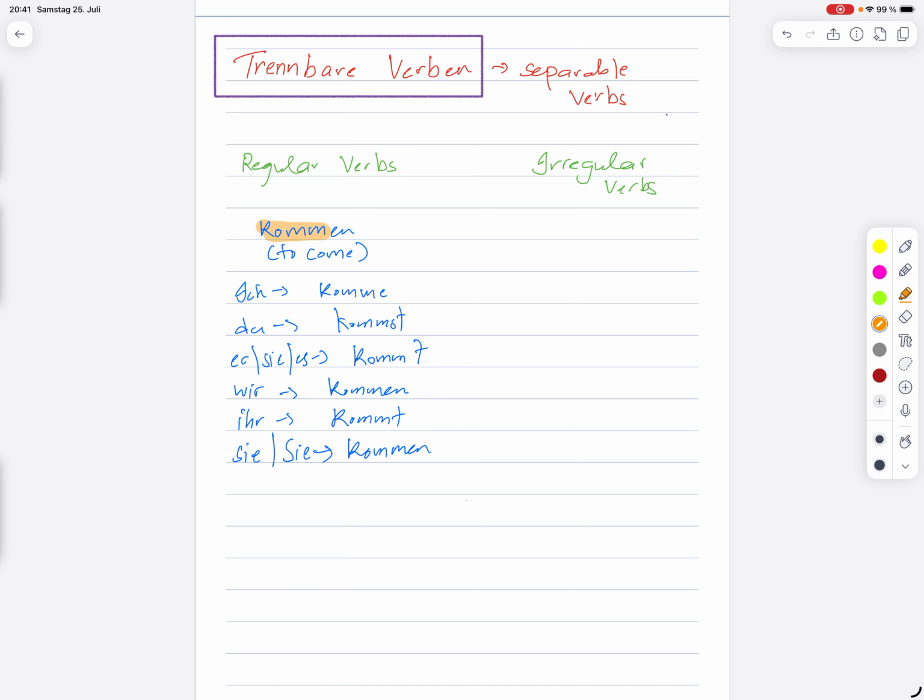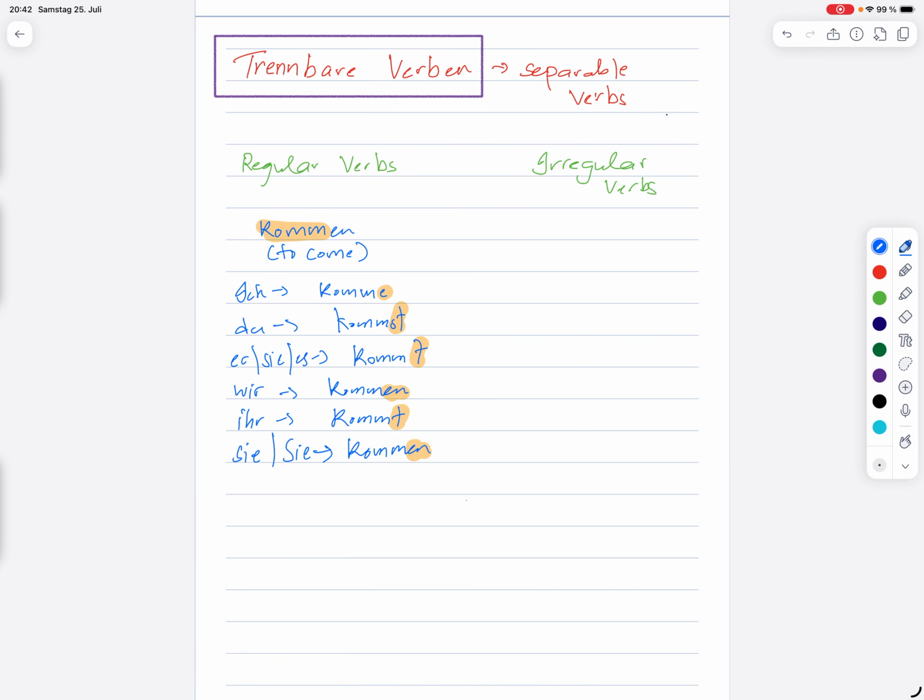So now we have the conjugation rules for this. It's ich komme, you add an e, du kommst, st, er sie es kommt, wir kommen, ihr kommt, and then sie kommen. So these are the conjugations for regular verbs, right?